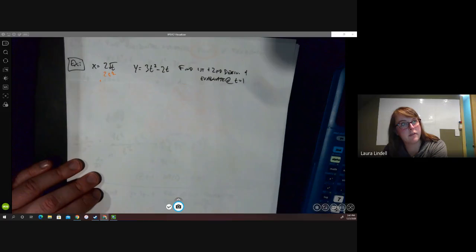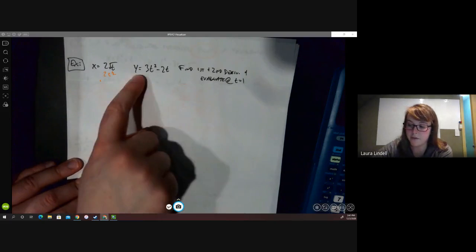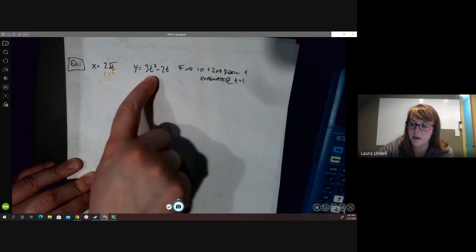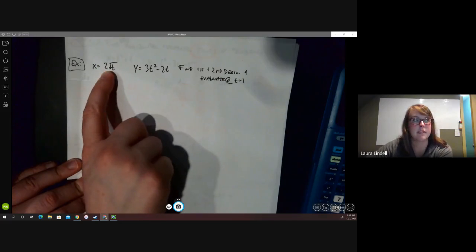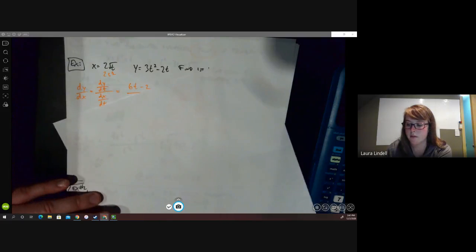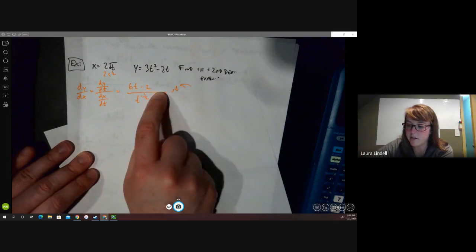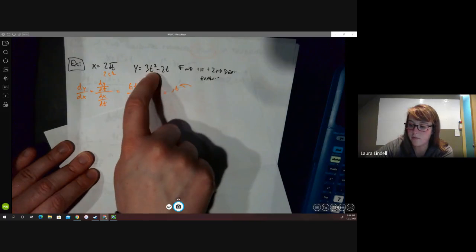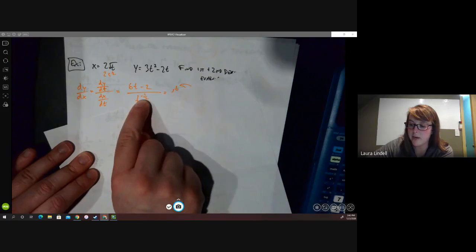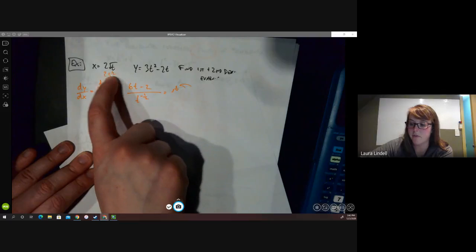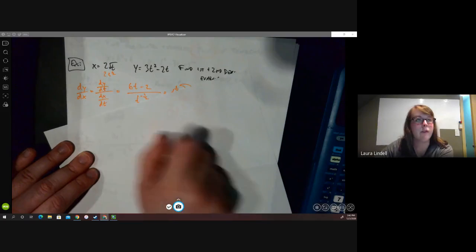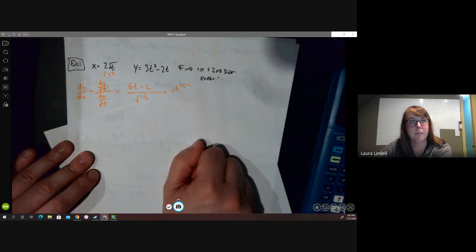Taking the first derivative, you're taking the derivative of y with respect to t over the derivative of x with respect to t. So we should get 6t minus 2 for the derivative of y with respect to t over t to the negative 1/2, because that's the derivative of 2t to the 1/2 with respect to t.